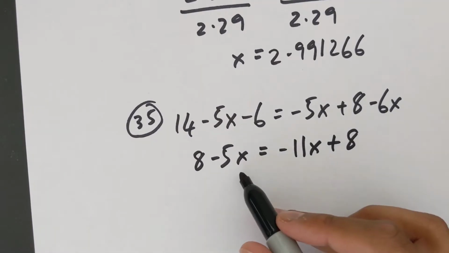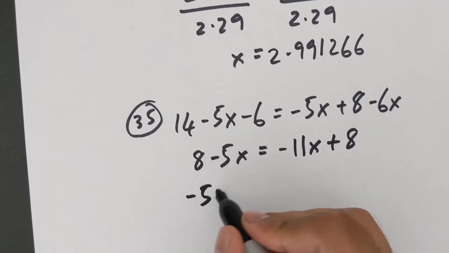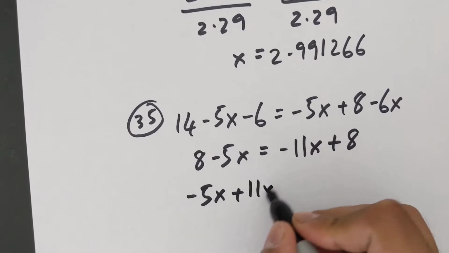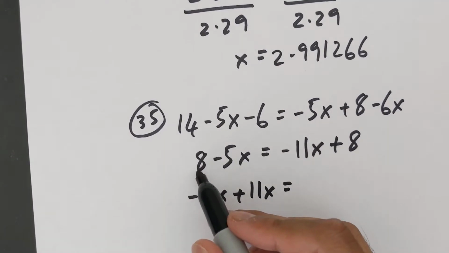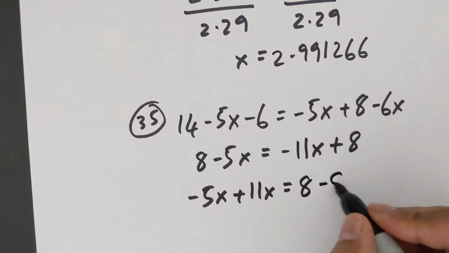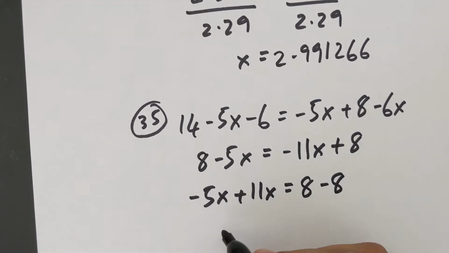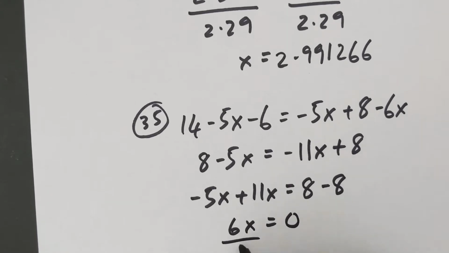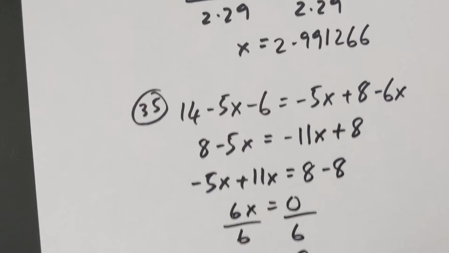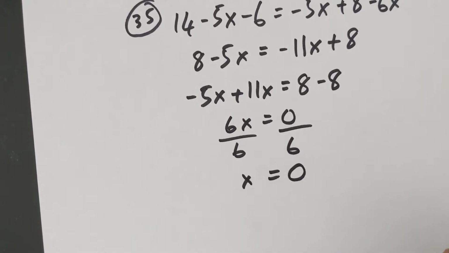So I'm going to move the negative 11x to this side. And in the same step, I'm going to move this 8 to that side. So it becomes a negative 8. I'm going to combine my like terms. So that's 6x equals 0. And divide by 6. Just get x equals 0.